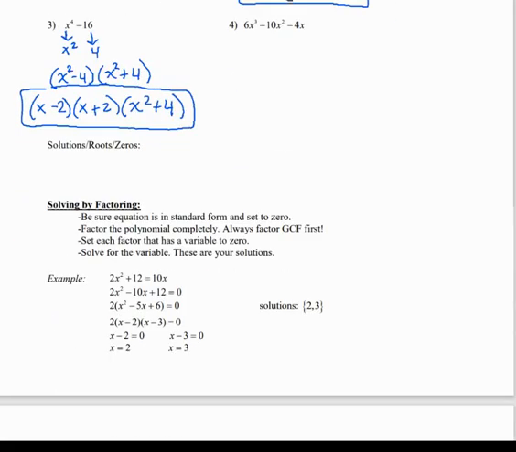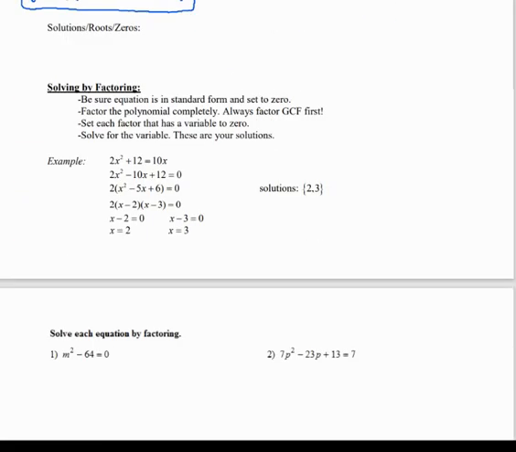Now let's actually talk about what we're looking for. We are looking for solutions to our quadratics. As you recall, solutions can also be called roots. They can be called intercepts. They can be called zeros.